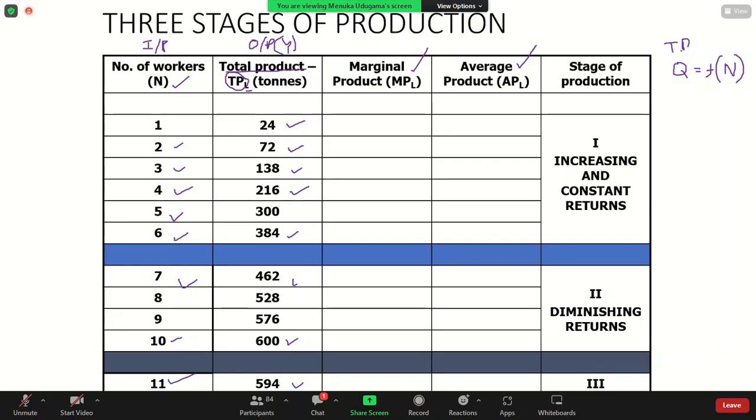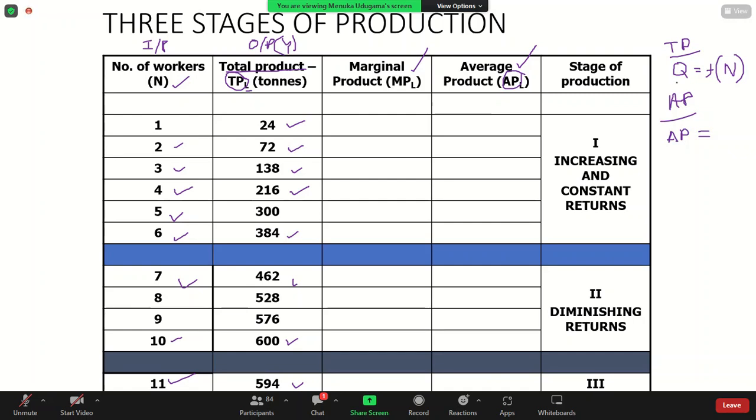Once we know the total product, we can find another relationship. That is called the average product. Now we all know the term average, AP, average product. Average means the total amount divided per worker, right? So how would you calculate the average product?